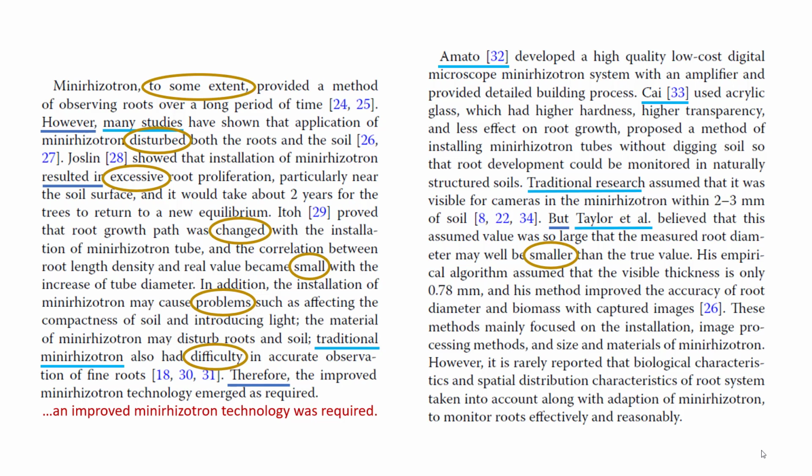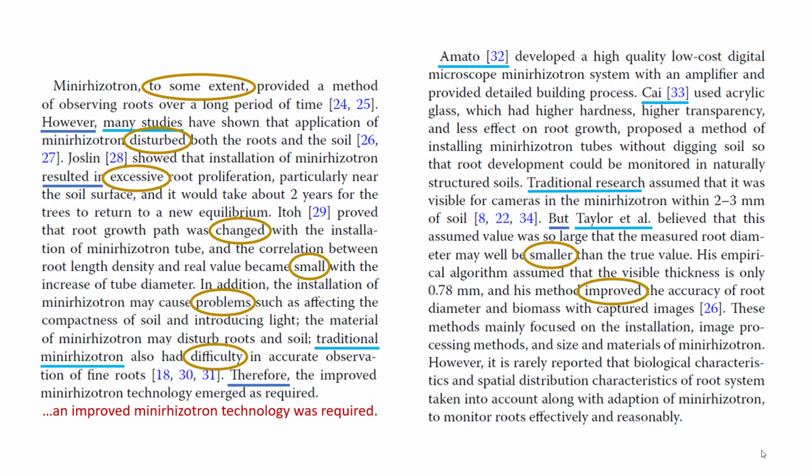If you're trying to look at a root through a glass tube in the dirt, it would be very easy not to see the whole root. And so therefore you might misjudge the size of the root because you couldn't see the whole root through the tube. The method that Taylor came up with improved on this and made the images they captured even more accurate.